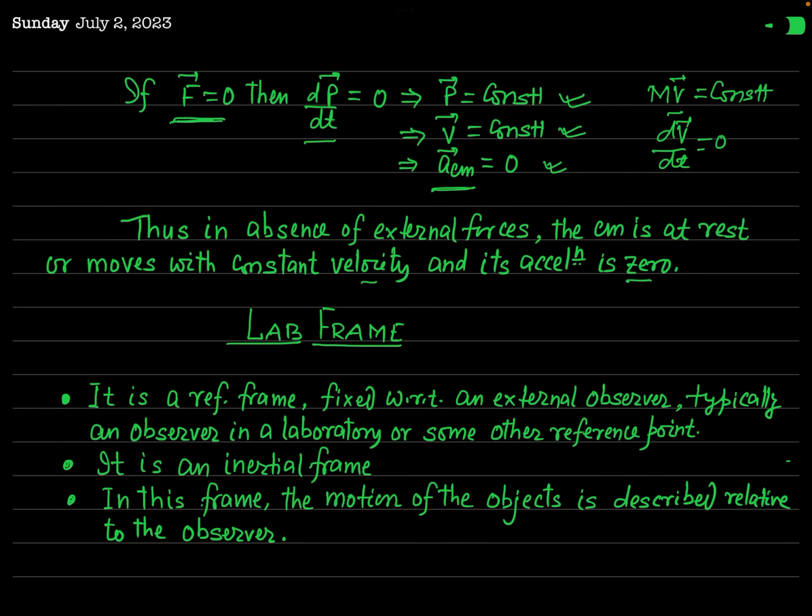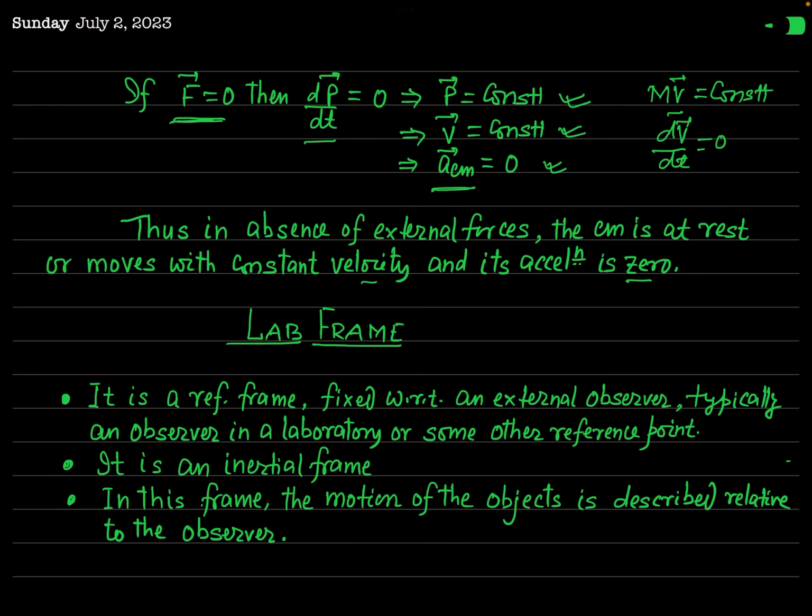Okay, so after getting this elementary idea of center of mass of a system, now we will see what are the laboratory frame of reference and the center of mass frame of reference. Actually in previous lectures you have learned already about the reference frames. And you have seen that there are two types of frame of references, inertial frame and non-inertial frame.